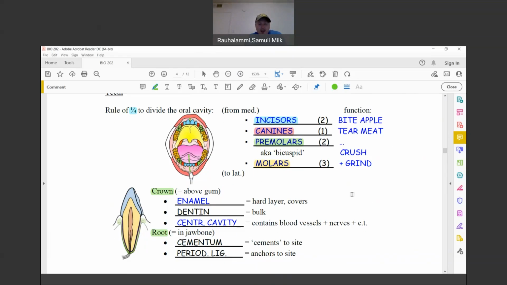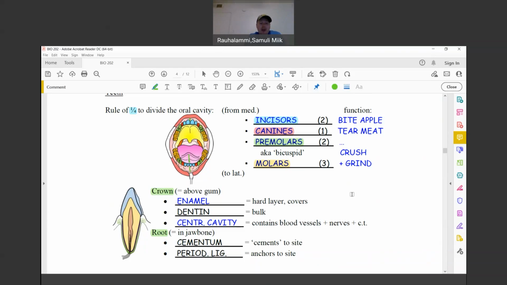And within the central cavity, we have blood vessels, nerve endings, connective tissue, and so on. So if we have an injury or tooth decay that reaches all the way to the central cavity, it is these nerve cells there that give the great pain that you can get with a toothache. So a root canal, for example, would work on killing those nerve endings within the central cavity.